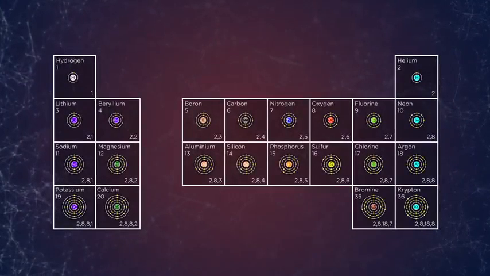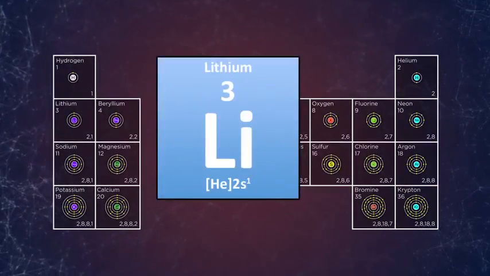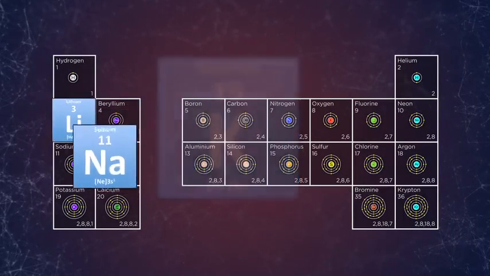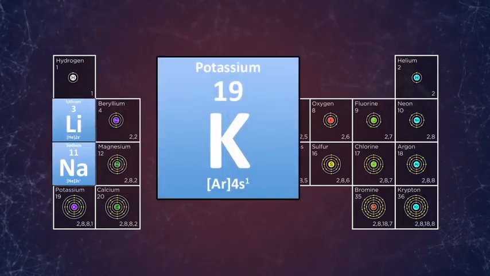But what Mendeleev didn't know, indeed what he couldn't possibly have known in his day, was that the reason these elements reacted so similarly is that they share a similar valence shell electron configuration. Notice that lithium's valence shell has a 2s1 configuration. Sodium has a 3s1. Potassium, a 4s1.